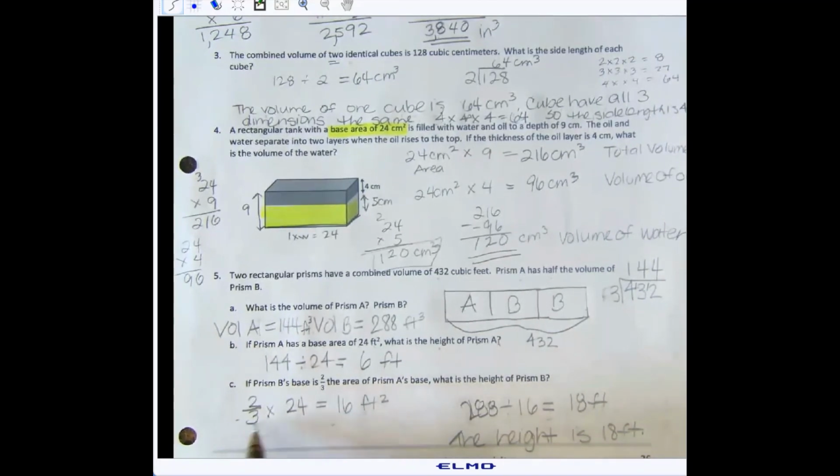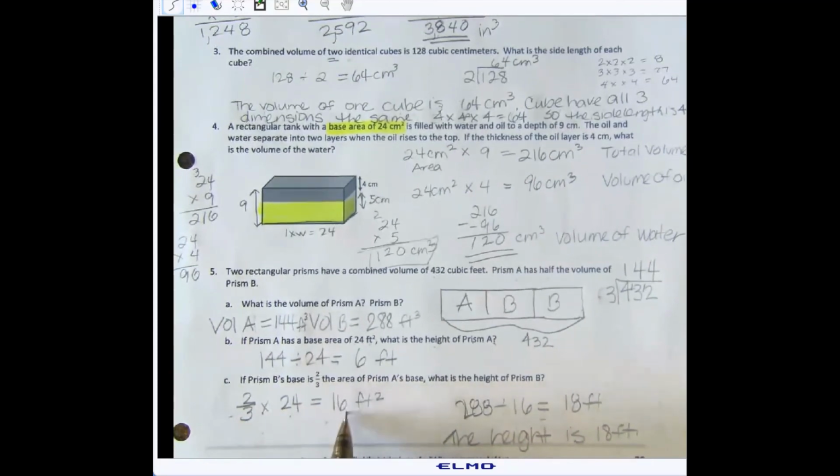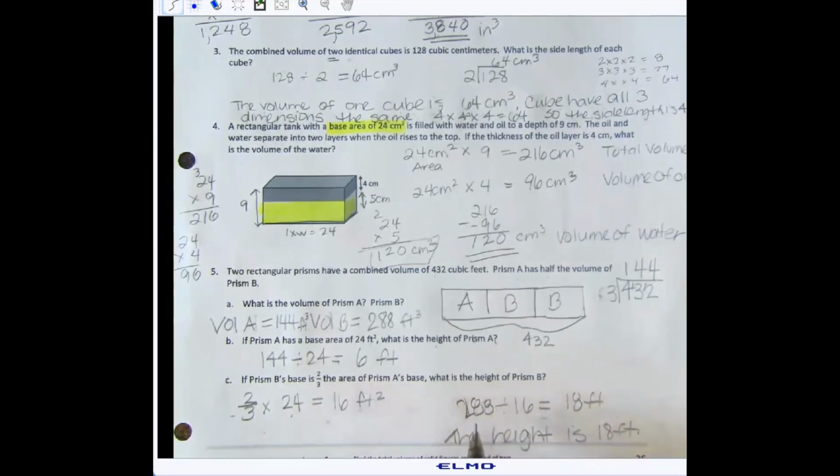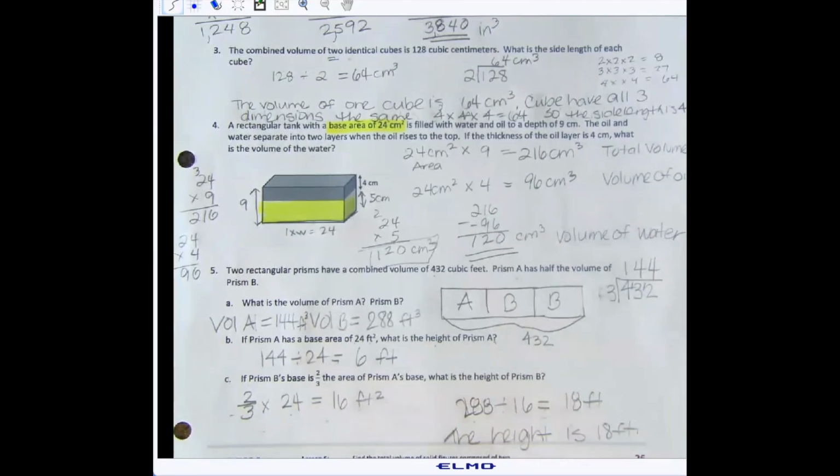Okay, so we need to multiply 2/3 times 24, which is 16. And now you know the area of prism B's base, so you can take the volume of prism B, which is 288, and divide it by 16 to find the height. And the height is 18 feet.